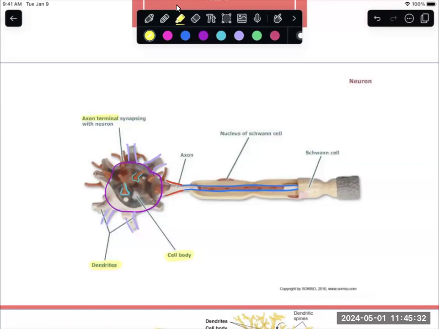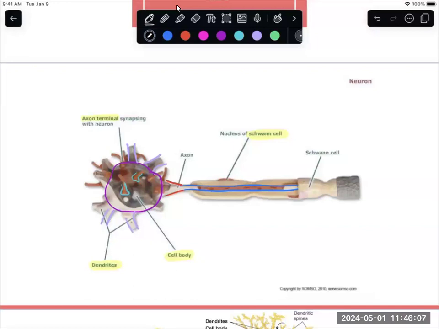The myelin sheath is made up of these Schwann cells. When they are growing and forming, each of these Schwann cells is going to wrap around the axon of some of our neurons, and it's going to help to insulate these specific nerve axons.